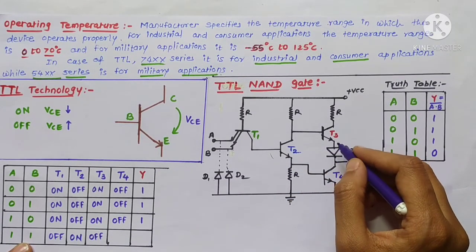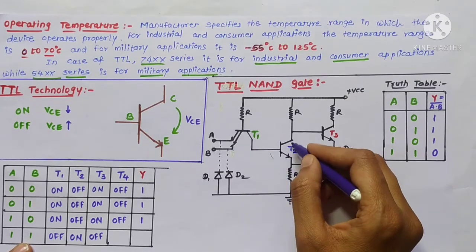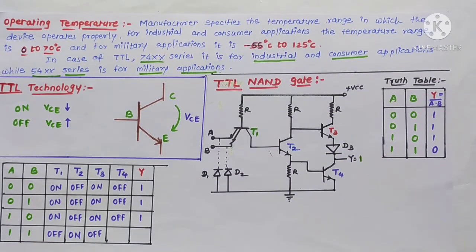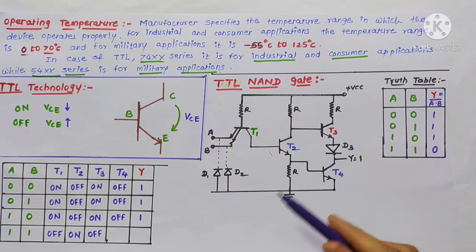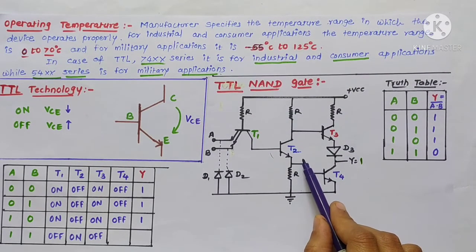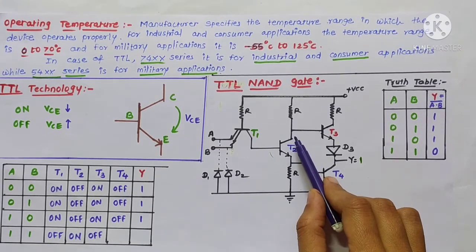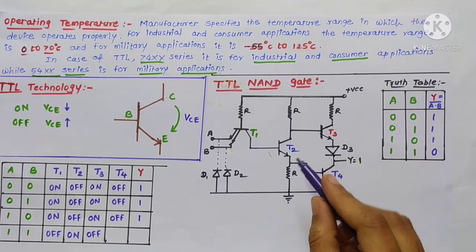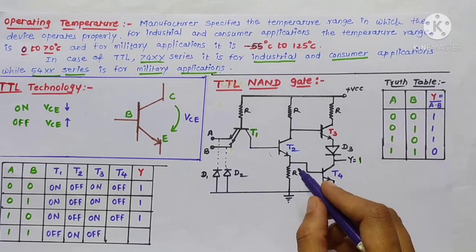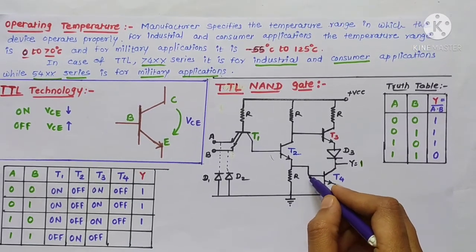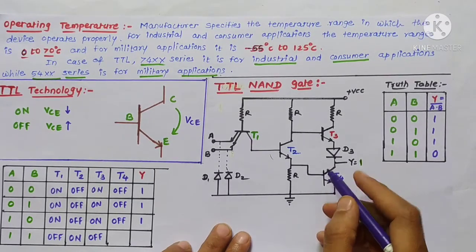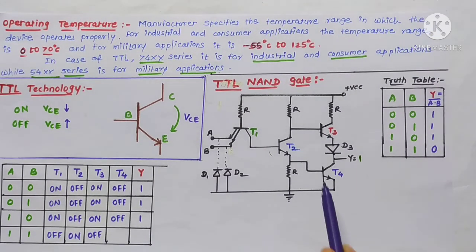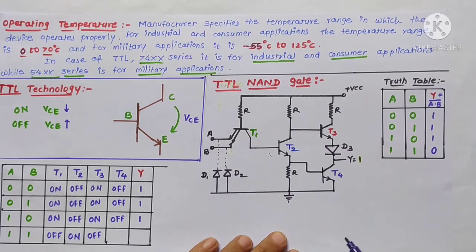Therefore, as this T2 switches on, its collector goes to the low and emitter RE makes this VE, that is the base of T4, high.